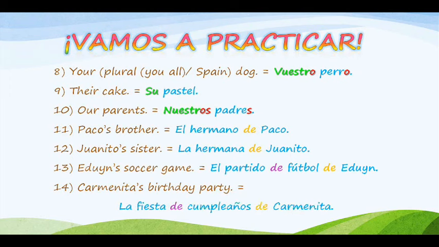La fiesta de cumpleaños de Carmenita. So literally you had to end up saying the party of the birthday of Carmenita. Birthday party is said that way, so you had to have the noun modify the noun, the party of birthday, and then the possession de Carmenita.